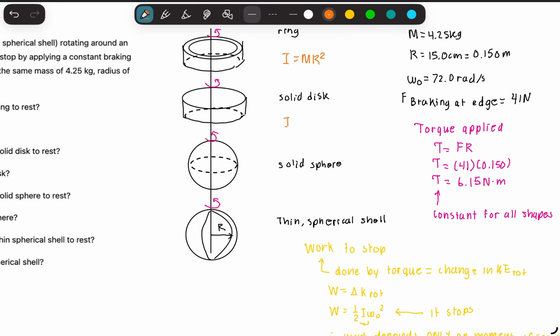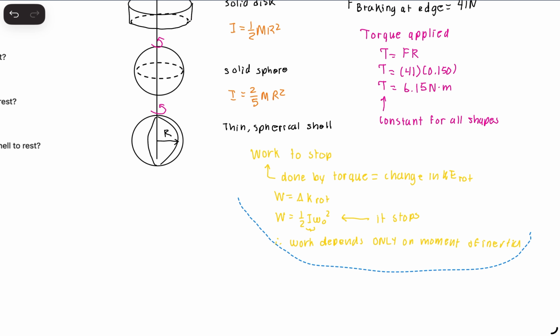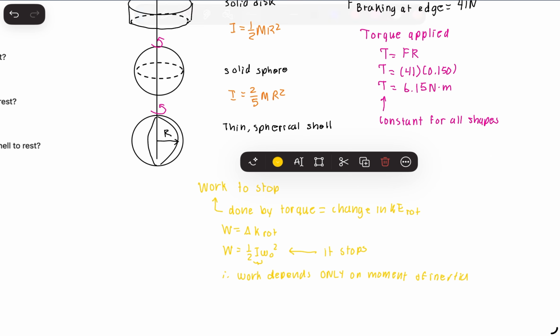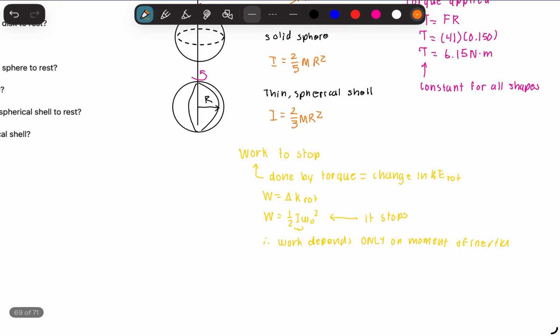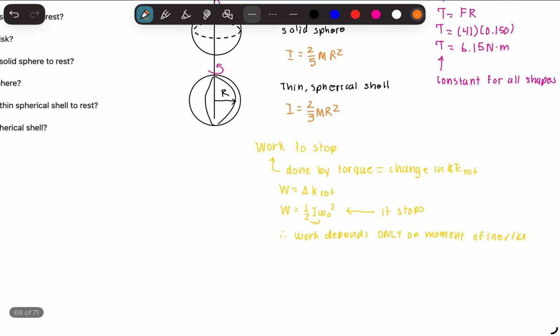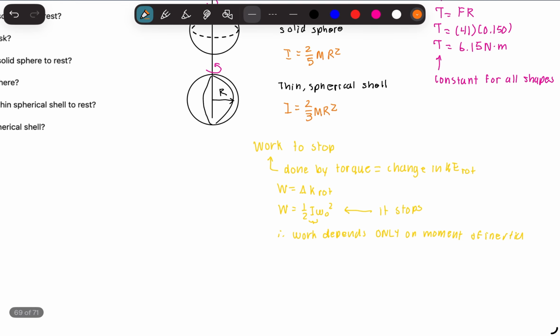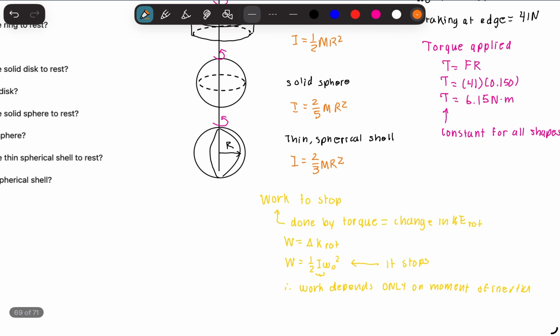Solid disk, solid sphere, and for the thin spherical shell, now we can find these for each of these respective shapes.